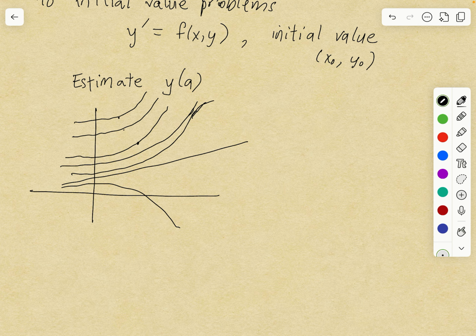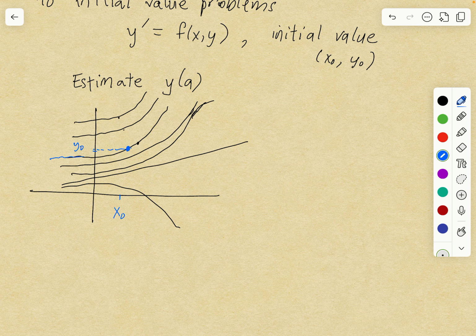And let's say that you're given some initial condition. So let's say that at x0, you're given some value y0. Then what's going on is that there's going to be a unique solution. And in this picture, the unique solution is the curve that crosses through the point x0, y0.